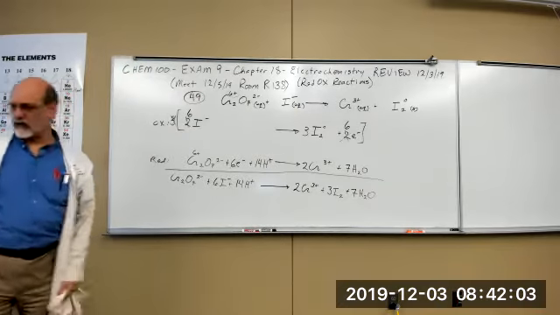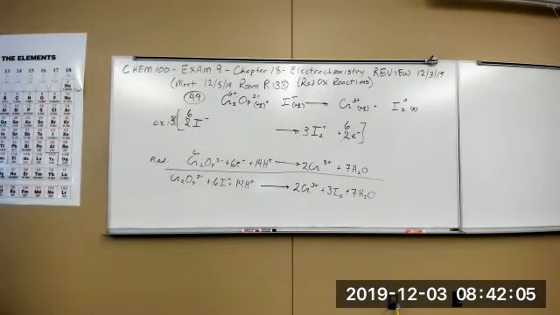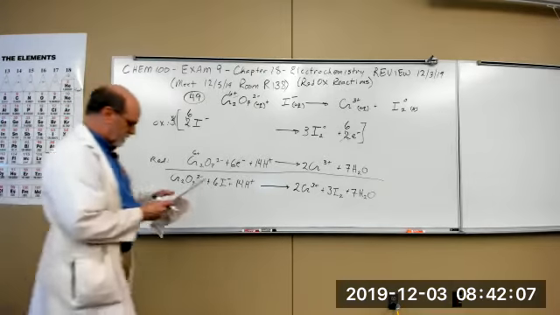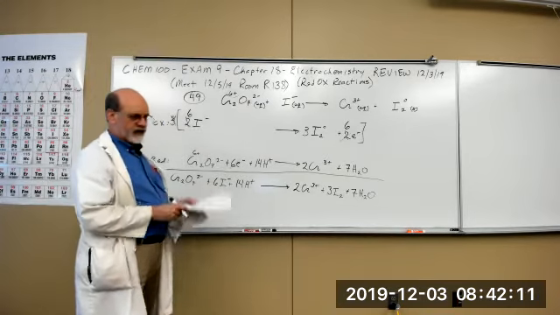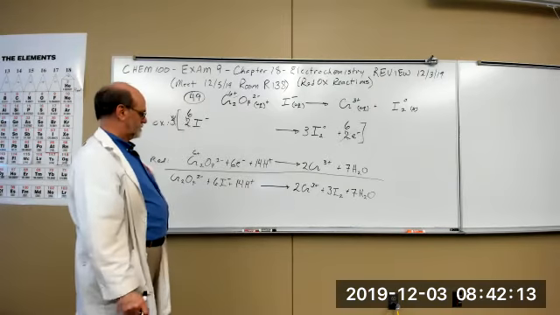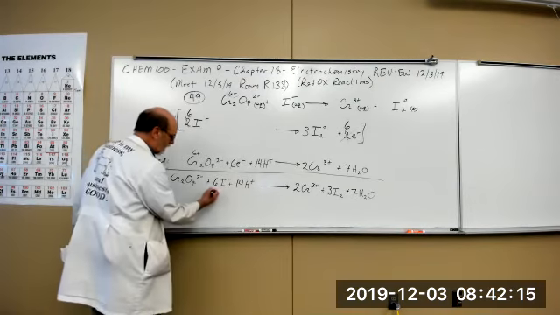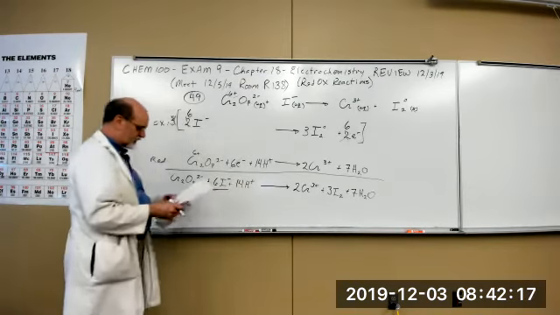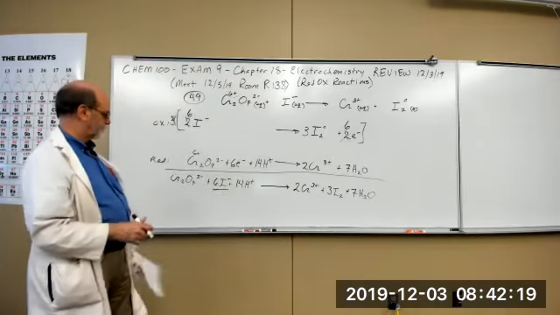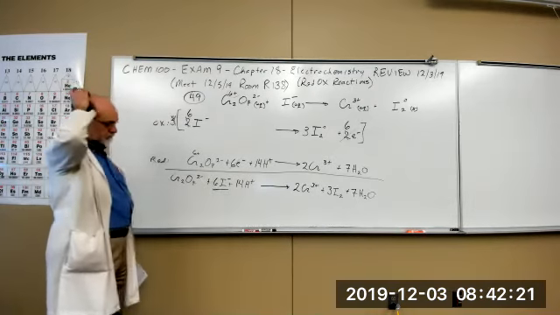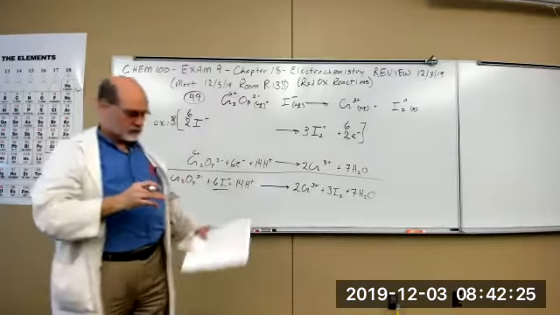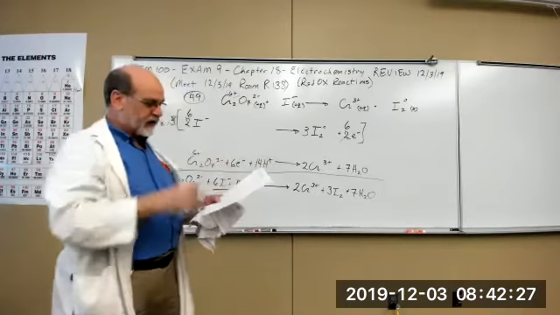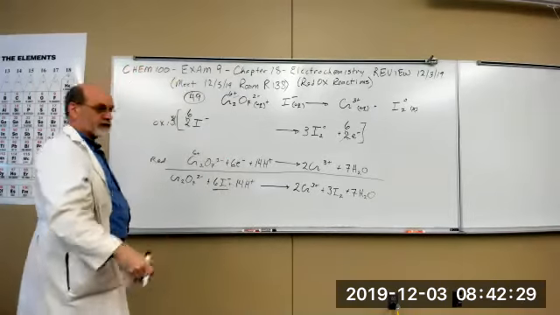So let's go back to the question. 49 said, what's the coefficient for the iodide ion? Here's the iodide ion, and the coefficient is 6. After you balance the equation like that, you could ask any question here. You could say, all right, what's the coefficient for water?